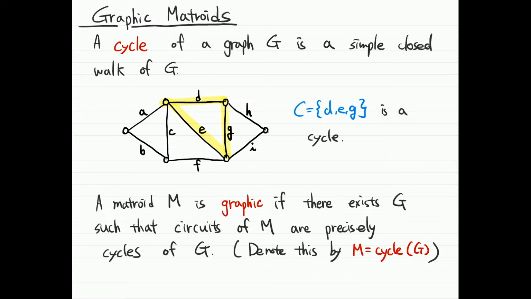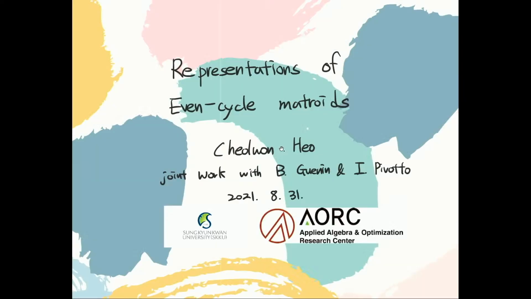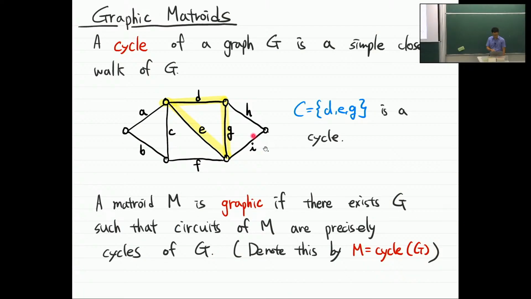So this is an easy example. A matroid M is graphic if there is a graph G such that circuits of M are precisely cycles of G. We denote this by M equals the cycle matroid of G.